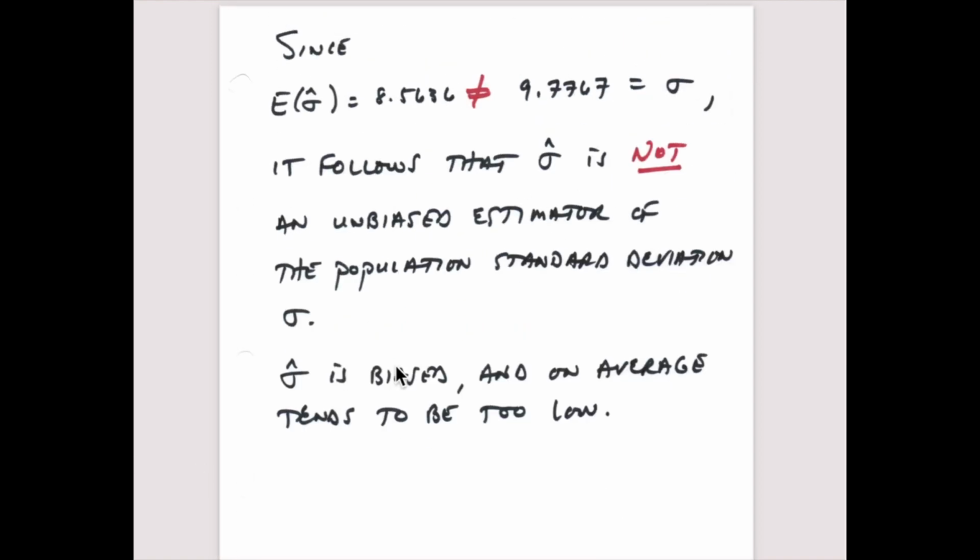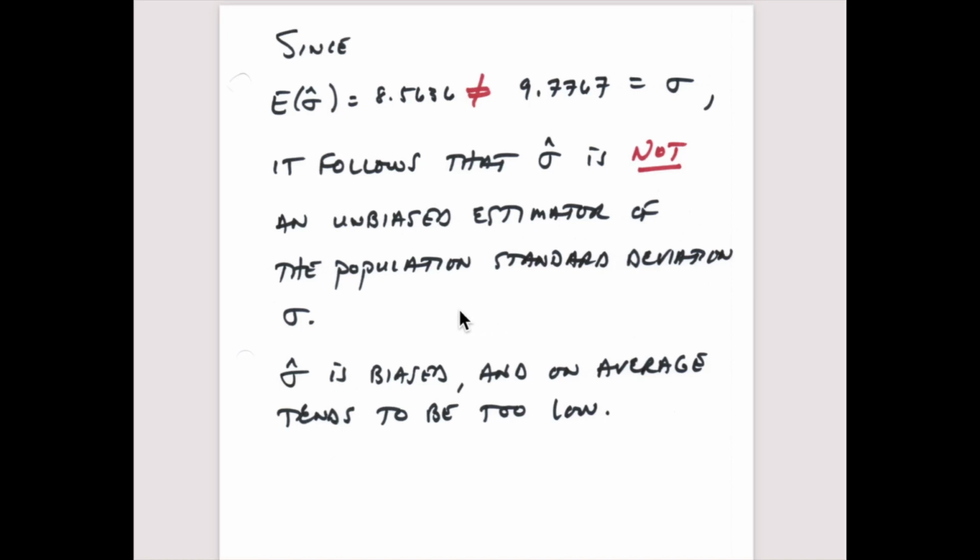Since the expected value of sigma hat, which is 8.5636, is not equal to 9.7767, the population standard deviation, it follows that sigma hat is not an unbiased estimator of the population standard deviation sigma.